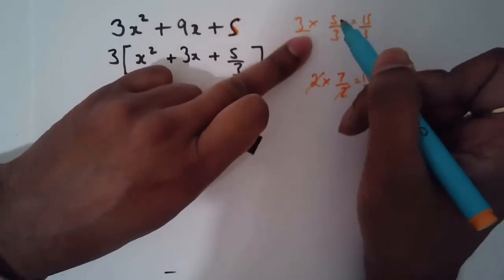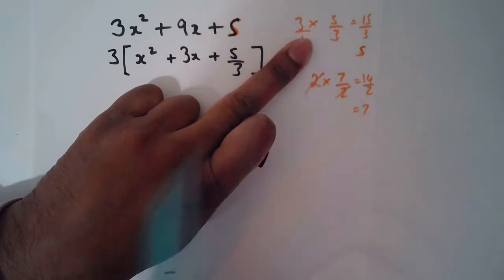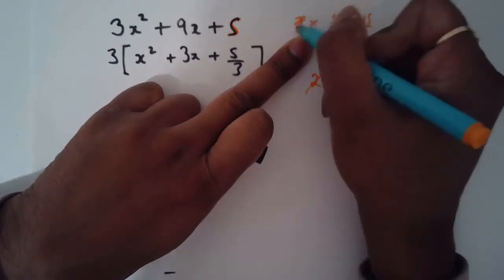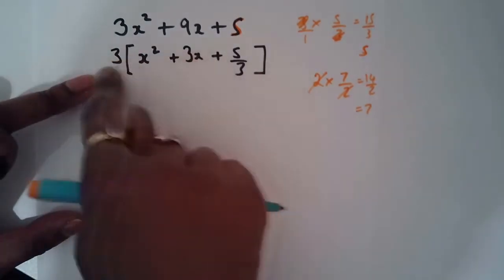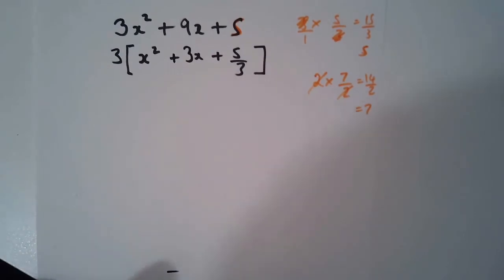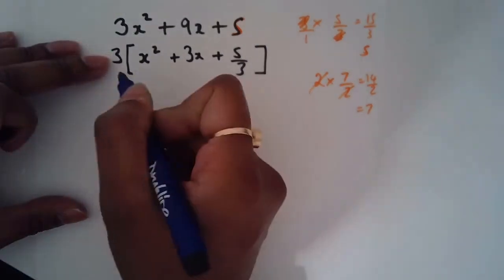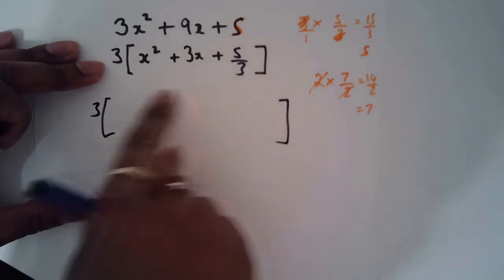When I did 3 times 5 over 3, the 3's cancelled, so I'm left with 5. So 3 times 5 over 3 is just 5. It's what I wanted. Now, I'm just going to leave the 3 outside, and this is where I'm going to do the work.